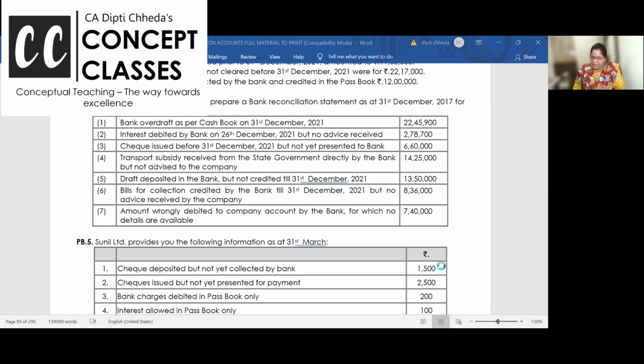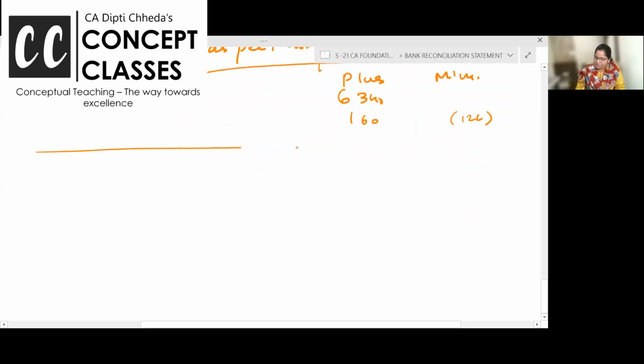22,45,900. Interest debited by bank. So we should also credit. And this is a credit. So credit add. Like that he will read and do it. Chalo. Let us solve. 1, 2 we have done. 3, 4 we are doing now. Problem number 4.